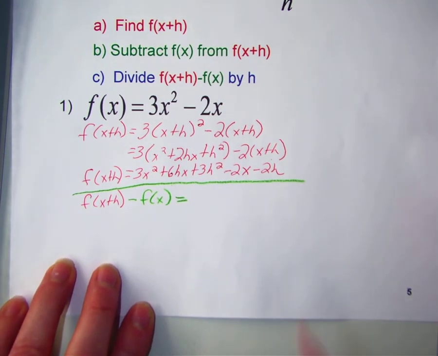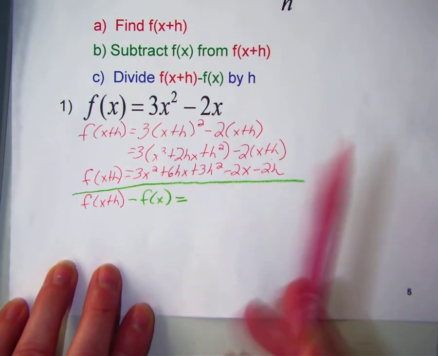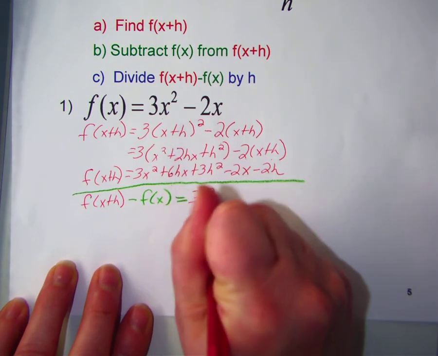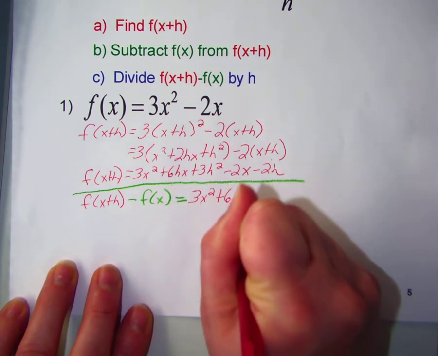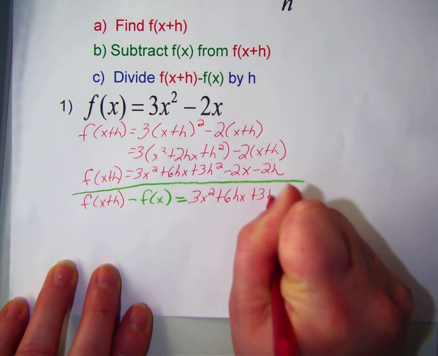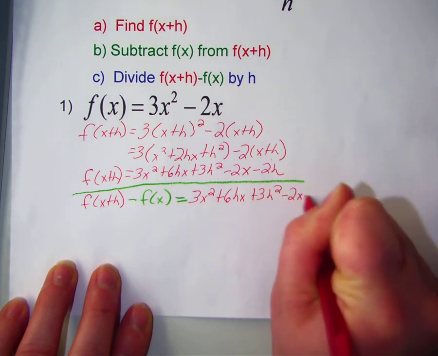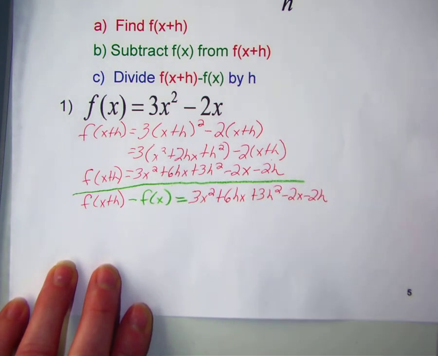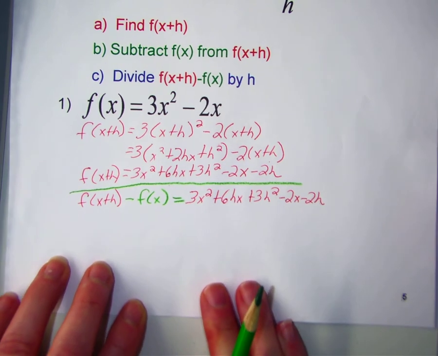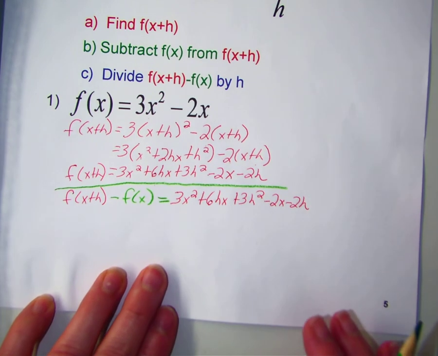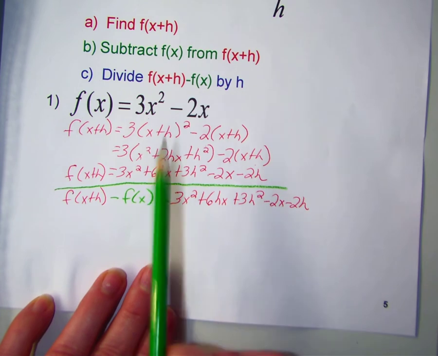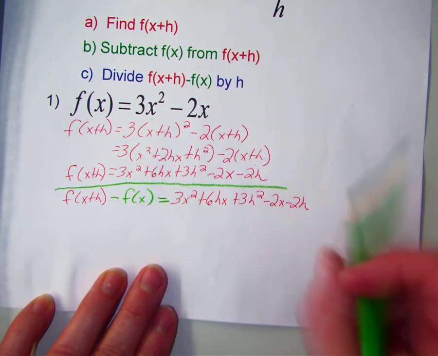Okay, so the red is all of this. I'm going to subtract f of x from that. Well, f of x is 3x squared minus 2x.